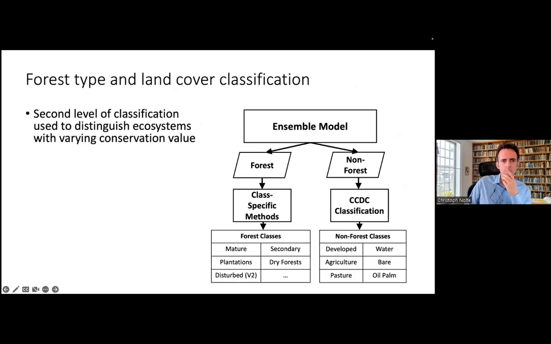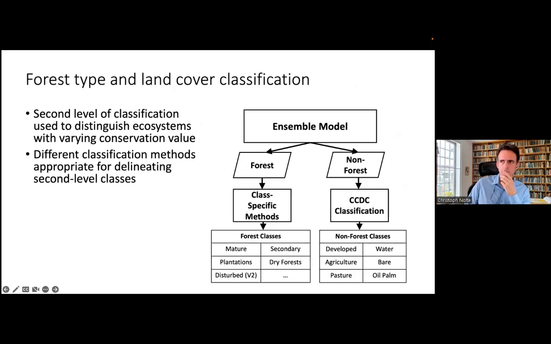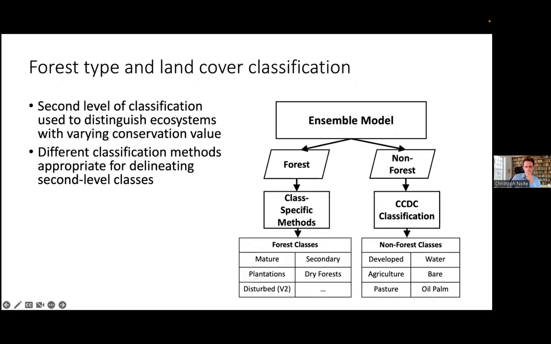So once we have these yearly maps of forest and non-forest, then that's where the second part of the process comes in. And so that's where we're distinguishing between, for forests, these very specific types of forests that have different conservation values, and then also for non-forests, different land cover classifications.